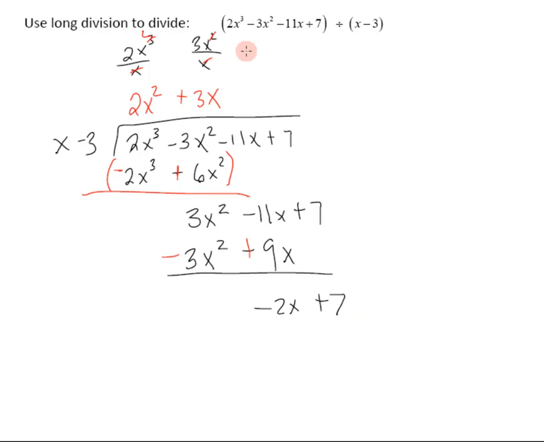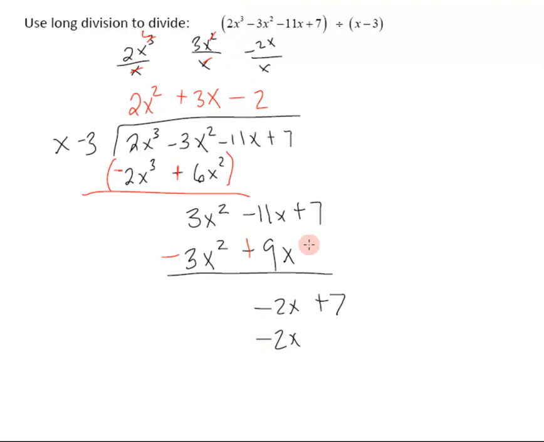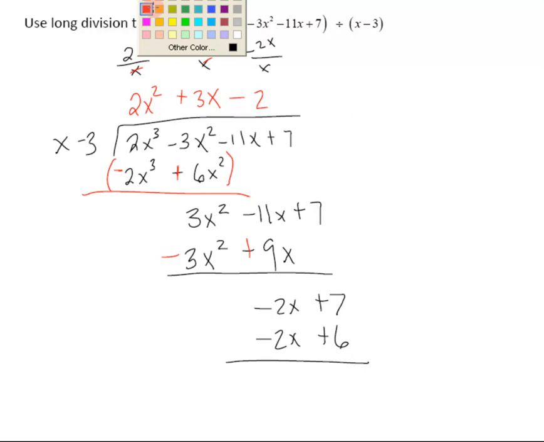And repeat the process. Negative 2x divided by x is negative 2. Take that negative 2, multiply it down: negative 2x plus 6. And then you're going to see that we're at our last step. I need to subtract, subtract, subtract, right? 7 minus 6 is 1.